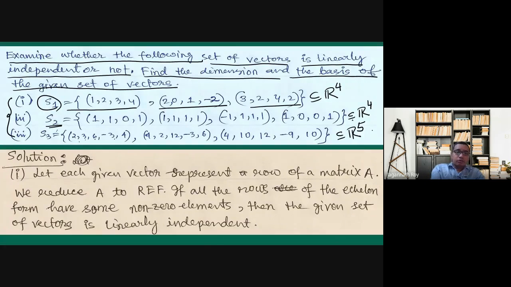Now, in order to verify whether this set is linearly independent or not, what do we do? We take these vectors as the rows of a matrix and find the row echelon form.